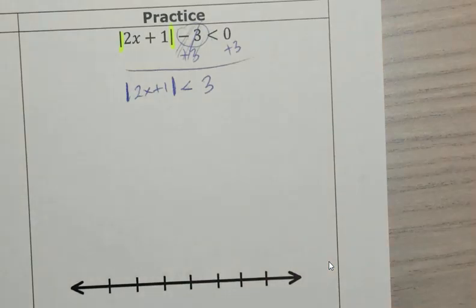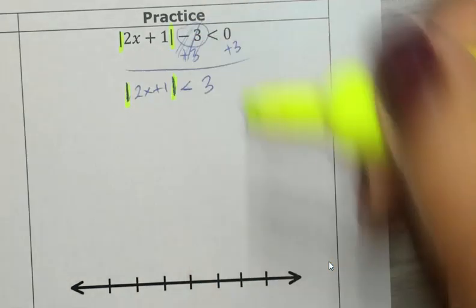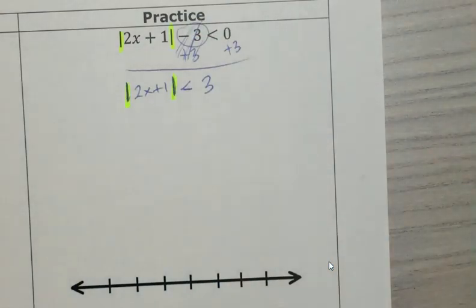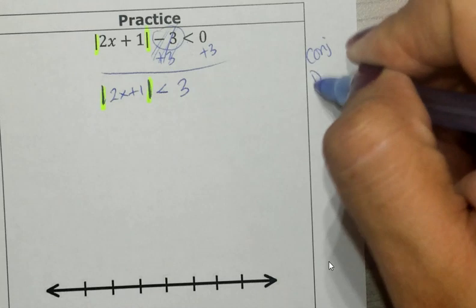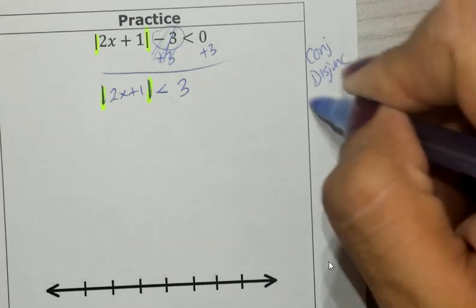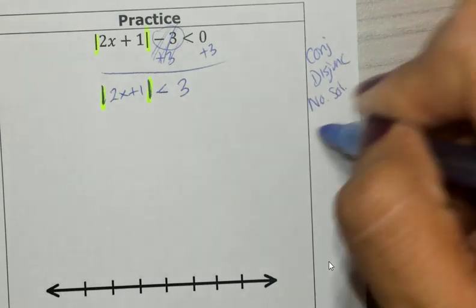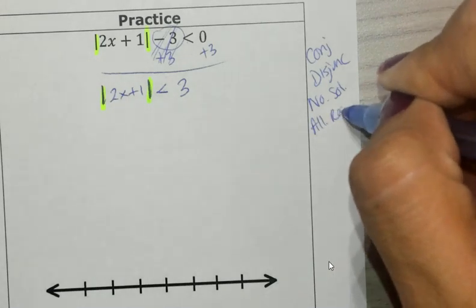Now, again, we ask ourselves, is the absolute value isolated? In this case, it is. So we have the four scenarios of either a conjunction, disjunction, no solution, or all real numbers.